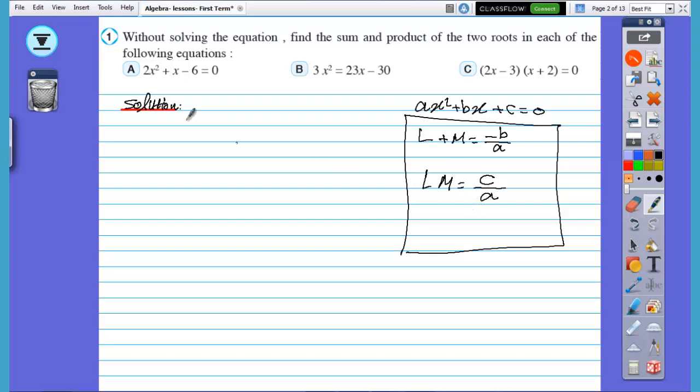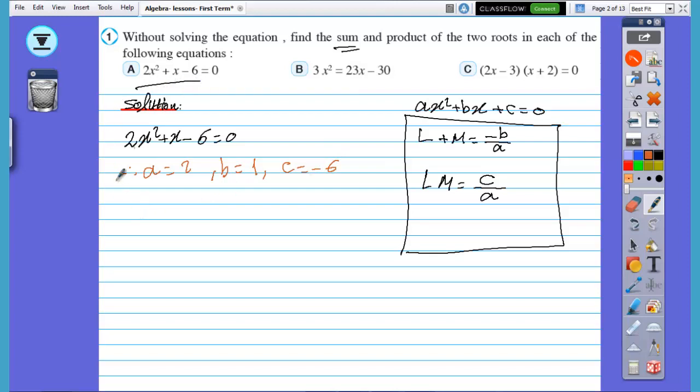Okay, now back to this equation. Without solving the equation, find the sum and the product of the two roots in each of the following. First equation here, we have 2x squared plus x minus 6 equals 0. So a equals 2, b equals 1, and c equals negative 6.